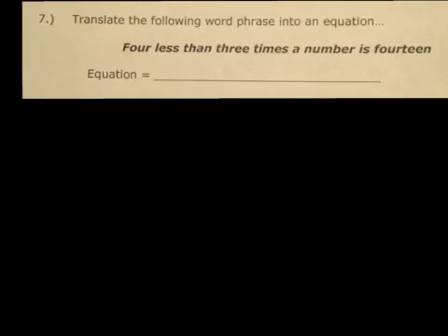Number 7 says translate the following word phrase into an equation. So in my class today, we started chunking the phrase. So I grouped together 4 less than. If you wanted to do 4 less than someone, that would mean subtract 4. So you need to just put down subtract 4. The next words we're going to put together are 3 times a number.